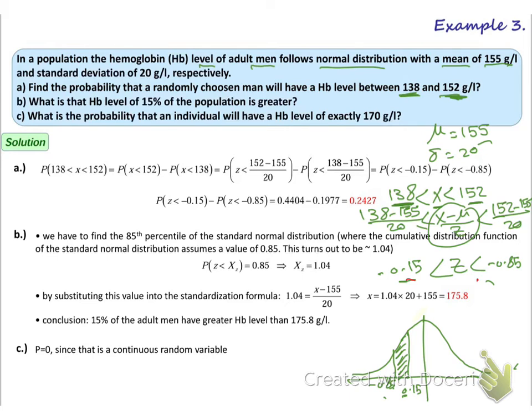So I go to minus 0.1 in the vertical and then 0.05 in the horizontal, and I get the reading of it, which will be 0.4404, okay, and also I go here and check 0.85.